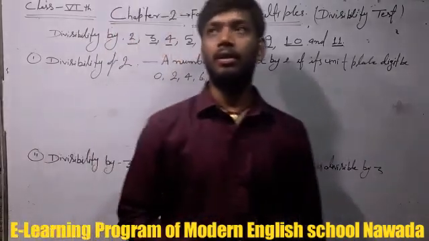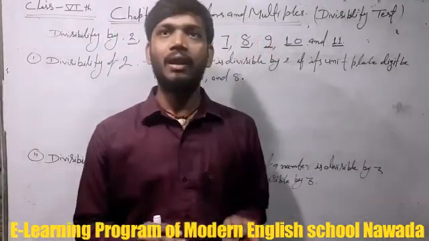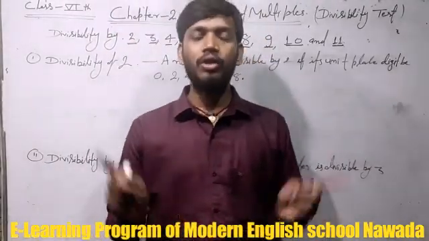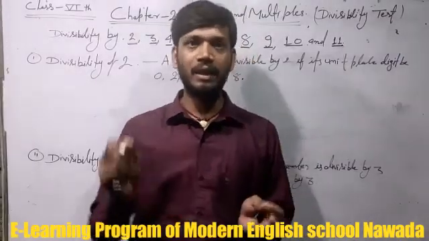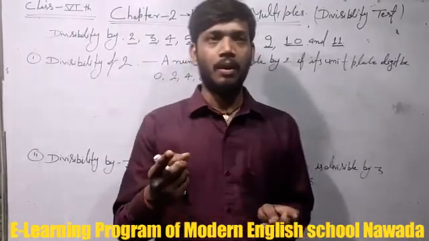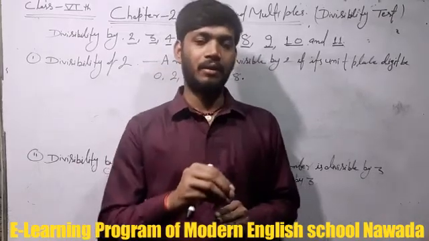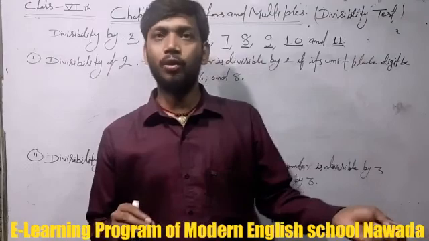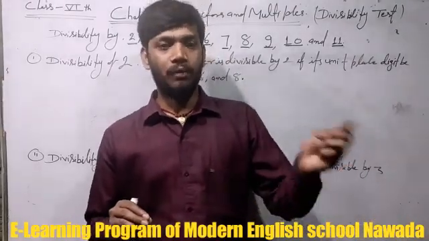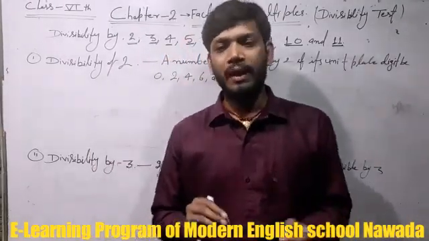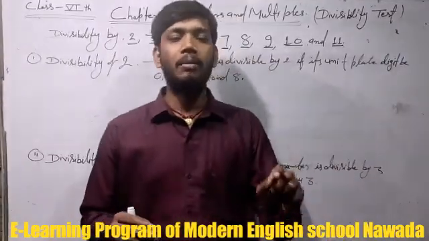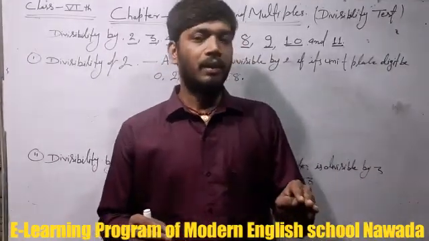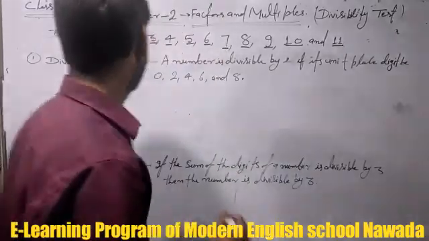First, how can you check whether a number is divisible by 2? That means the divisibility of 2. Without dividing, you have to find out whether it is divisible by 2. After knowing this rule, you can easily identify it.